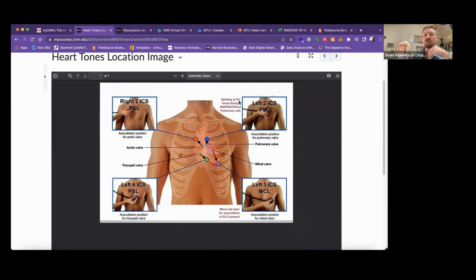In the splitting S2, when the patient is taking a breath at the moment in time that you're listening, S2 happens, but it's got two sounds to it. Usually when I hear S1, I hear both atrioventricular valves close at the same time. When I hear S2, I hear both semilunar valves close at the same time. If the patient is breathing at a specific point in time when I'm listening, it kind of has to line up to perfect timing.